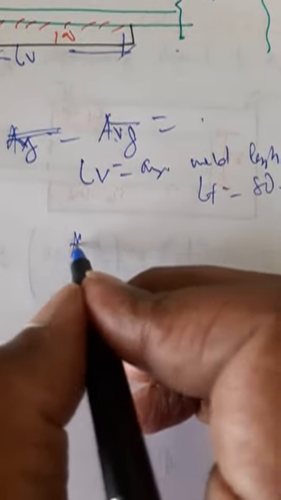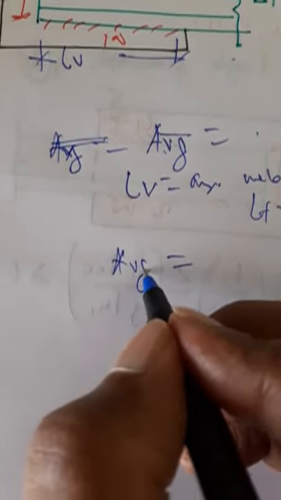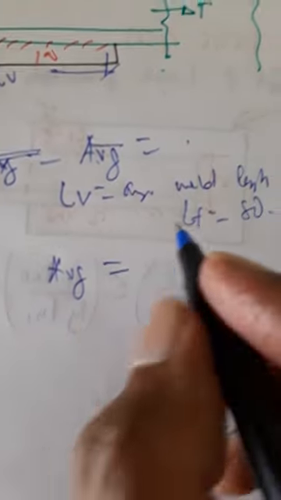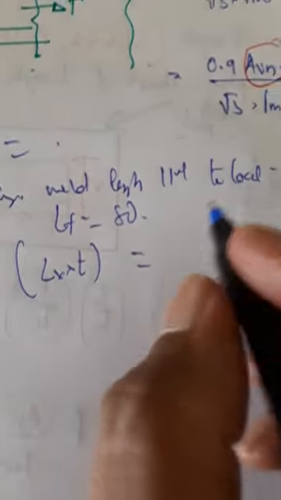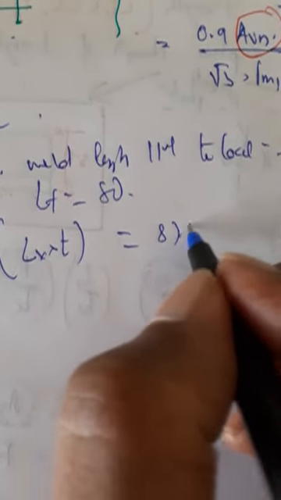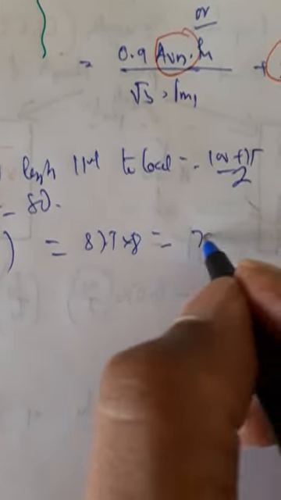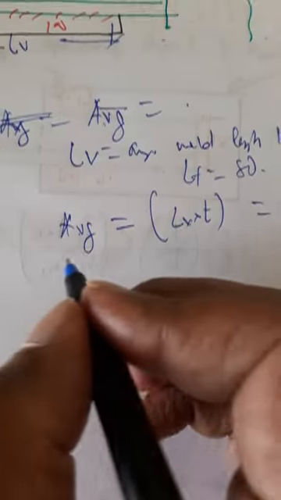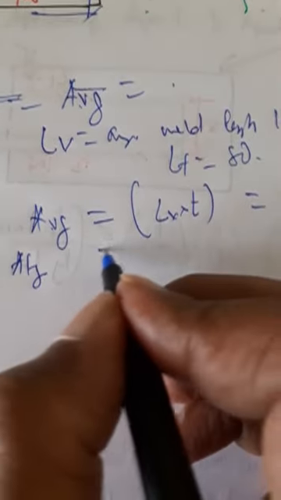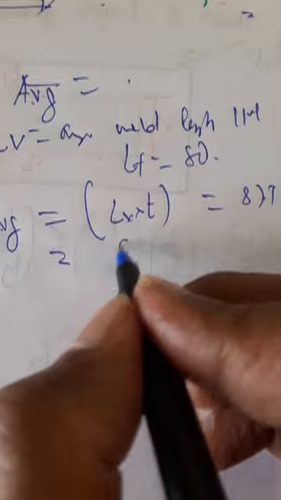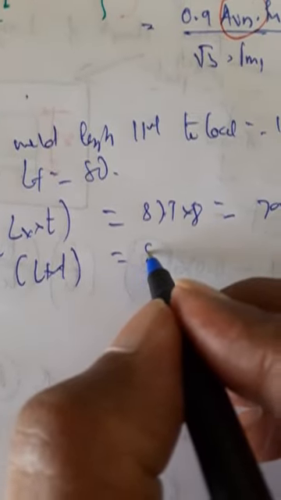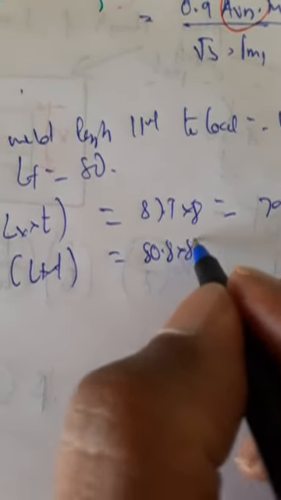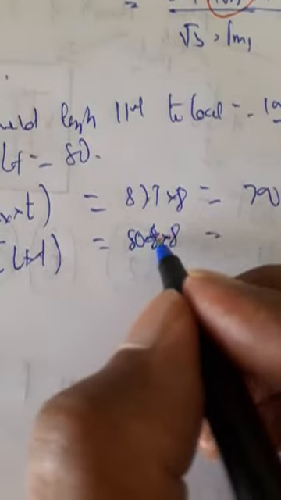Now here AVG, gross length parallel to load. So parallel is LV into T. So I have the answer 87.5 into 8, 700 mm square. ATG. So ATG is nothing but LT into T. T is tension, G is gross. 80 into 8.